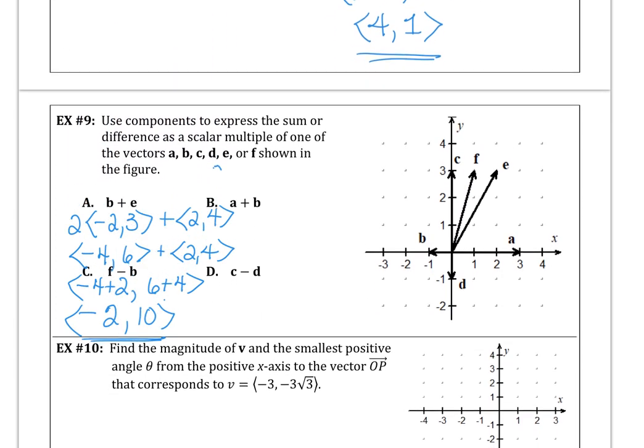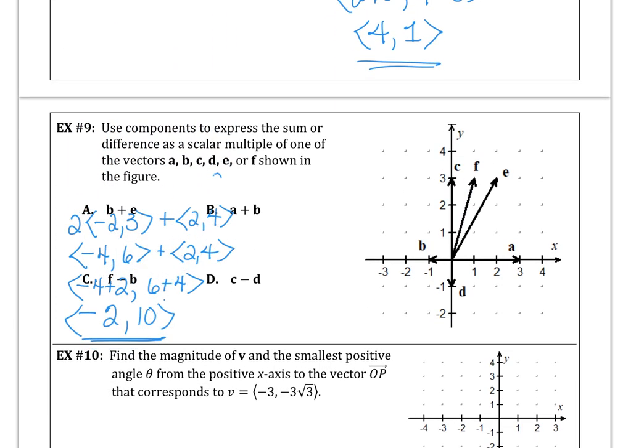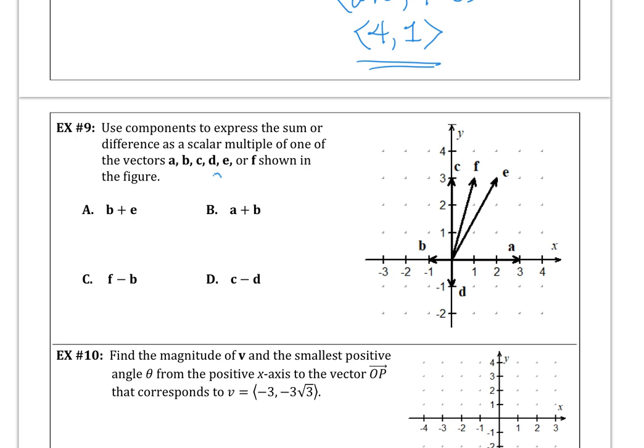In number 9, we're going to use components to express the sum or difference as a scalar multiple of one of the vectors shown: A, B, C, D, E, or F. So B plus E, let's take a look at this. We can do that algebraically.